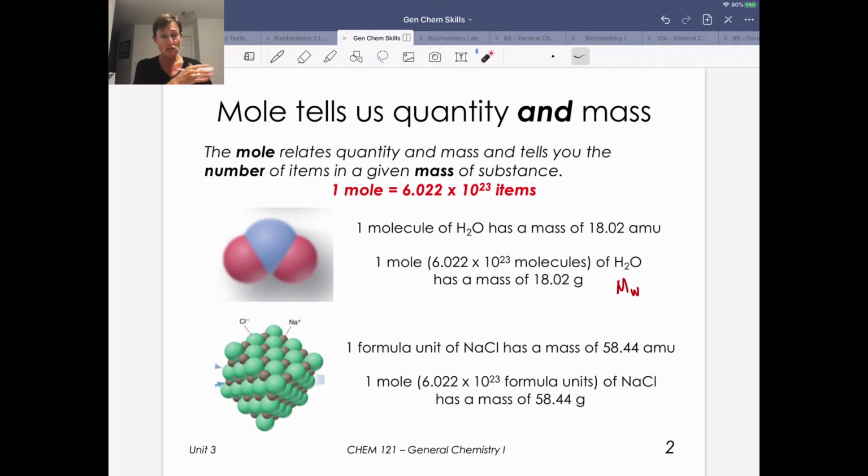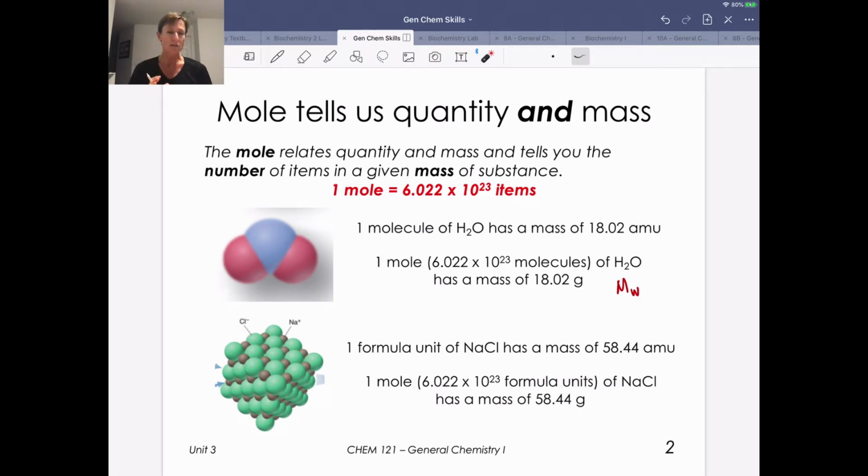Again, that's information you get from adding up the mass of 1 sodium cation and 1 chloride anion. Mass is on the periodic table, and we get to 58.44 atomic mass units. When we talk about having a mole of sodium chloride, so 6.022 times 10 to the 23rd formula units, that's going to have the same numerical value, but just different units, 58.44 grams.